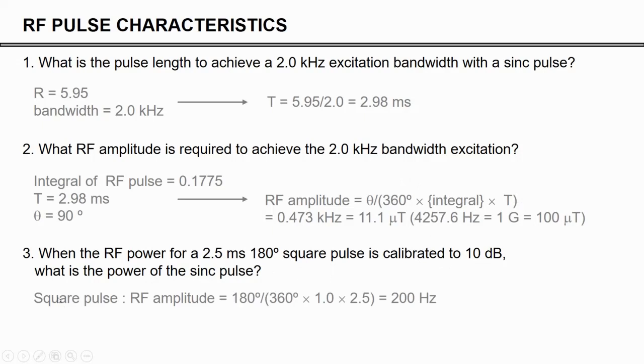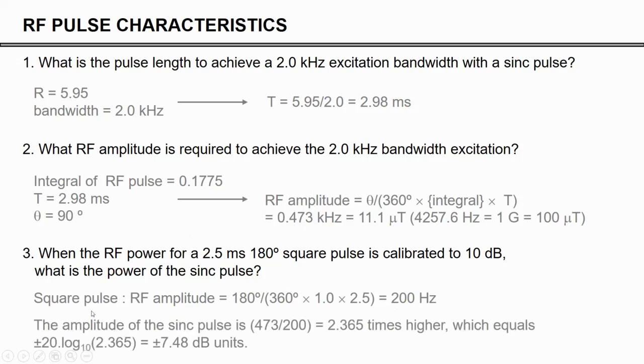Well, the square pulse, its RF amplitude for this duration corresponds to 200 Hz. Our RF pulse needs 473 Hz. So our amplitude needs to be 473 divided by 200, about 2.4 times higher, which in decibel units using this equation corresponds to 7.5 dB.